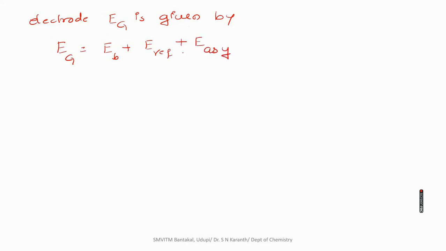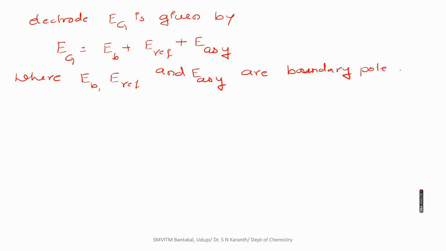Okay, so we can write where EB, E reference and E asymmetry. What is that EB? EB is nothing but boundary potential. So EB are boundary potential, reference electrode potential, and a small asymmetry potential.